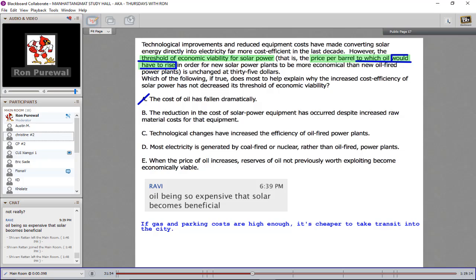Here, the threshold of viability for public transit would be how expensive gas and parking would have to get before people would start switching.